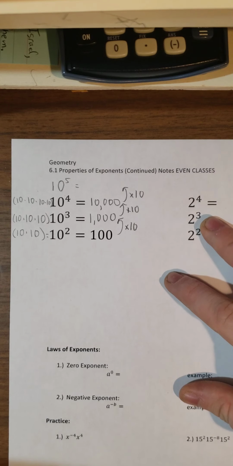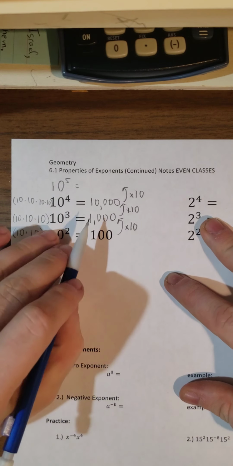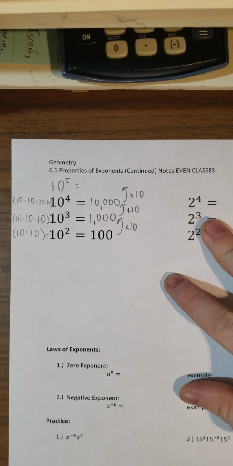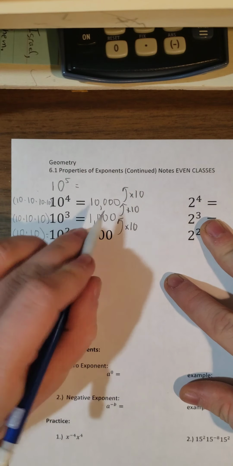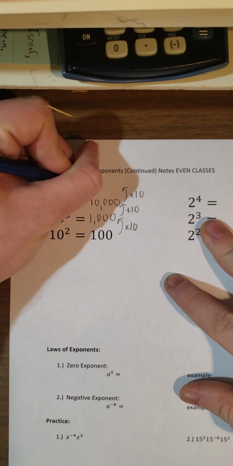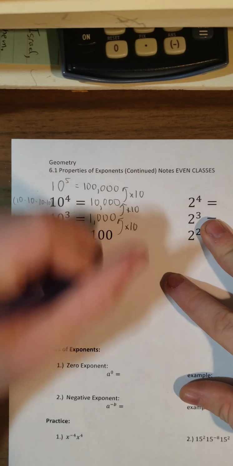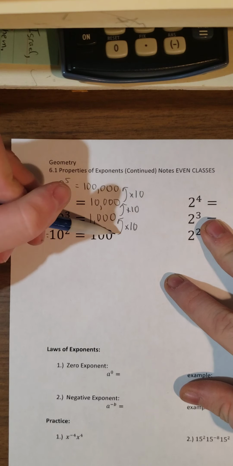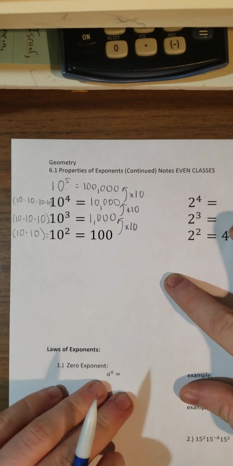And you can plug this into your calculator if you would like to, but anytime you multiply by 10, you just have to add a 0 basically to the end. And so this 10,000 would become 100,000. So we can see that as this exponent increases by 1, we're multiplying each of these by 10.